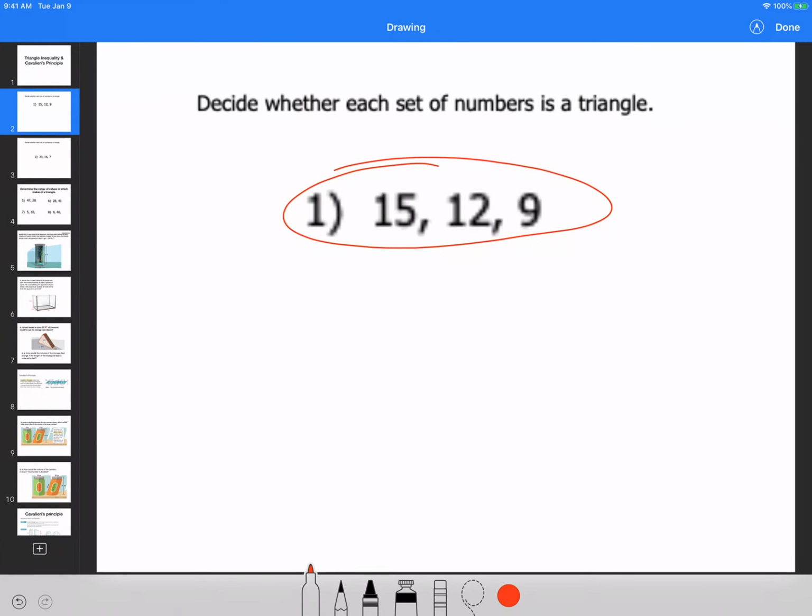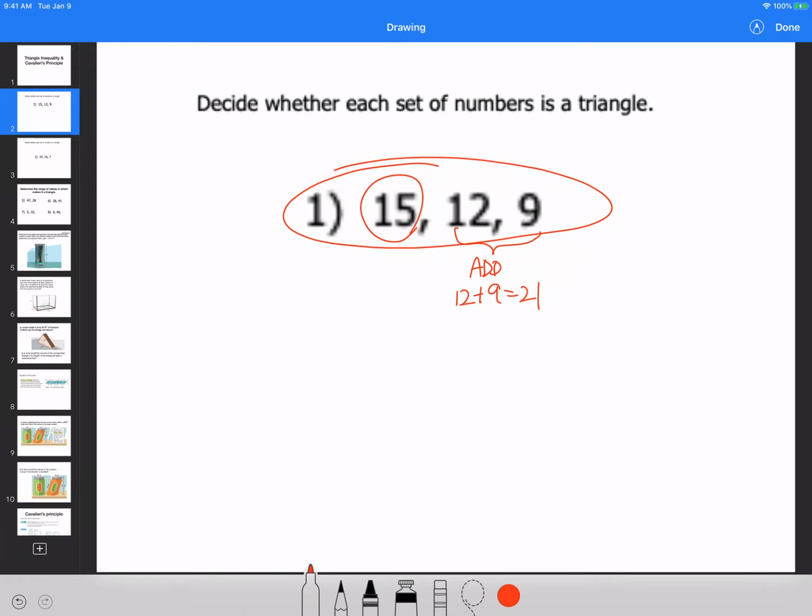Now, for something like this, I want you to think about the formula, and this is how it's going to be. You are going to pick the largest side of the triangle, and you're simply going to add the other two, which is 12 plus 9, which gives you 21.